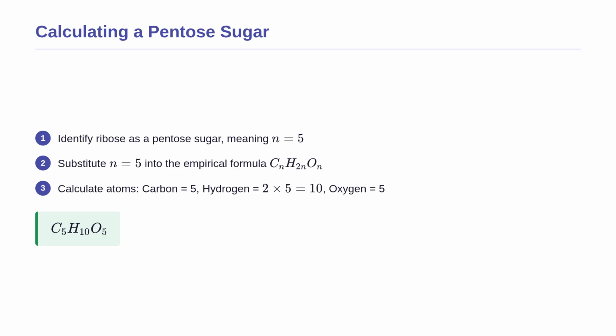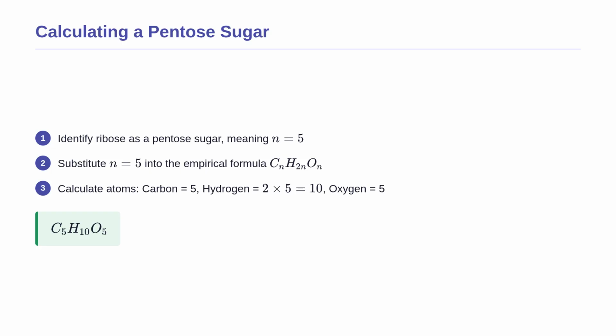Having calculated the formula for an energy sugar, let us apply the same logic to a structural sugar. We will find the chemical formula for ribose, a pentose sugar that forms the backbone of genetic molecules like RNA. The prefix pent means 5, indicating a backbone of exactly 5 carbon atoms.